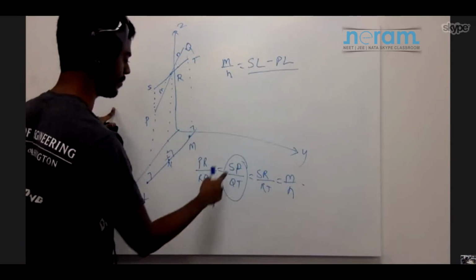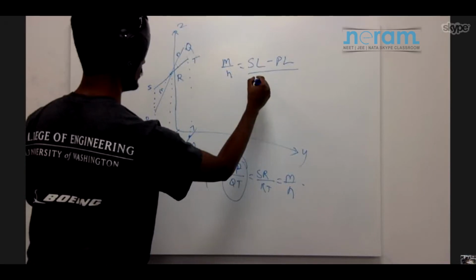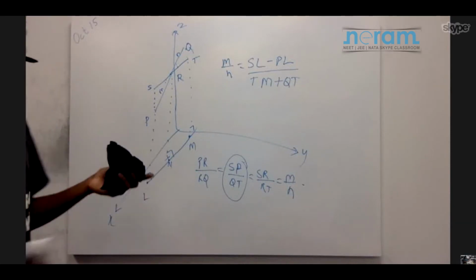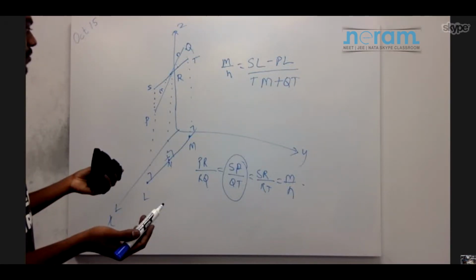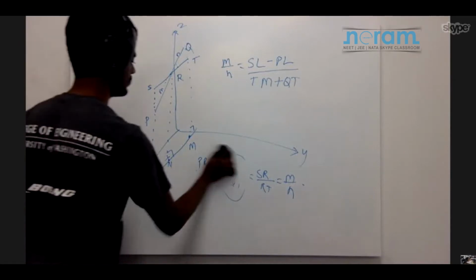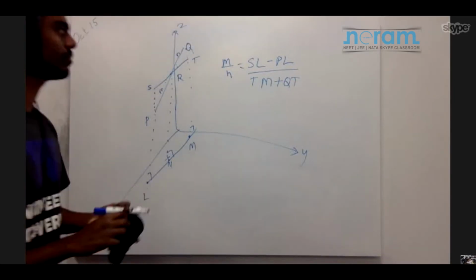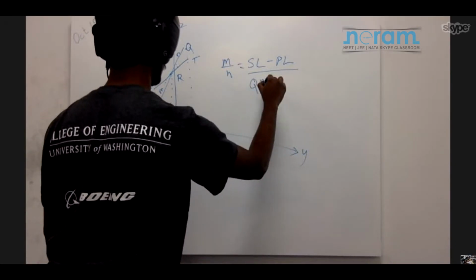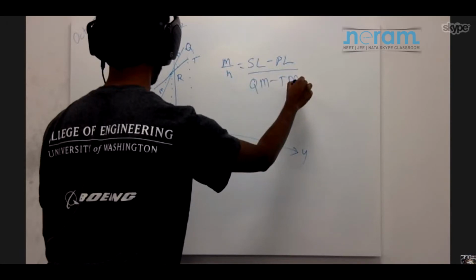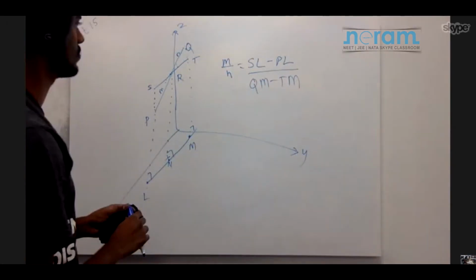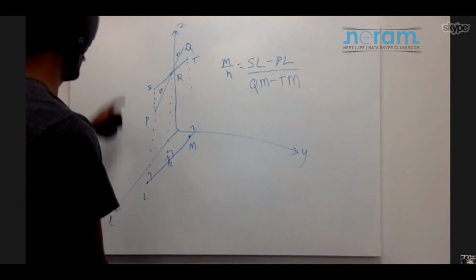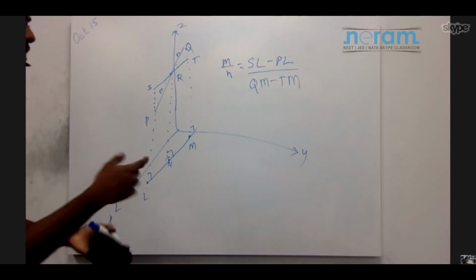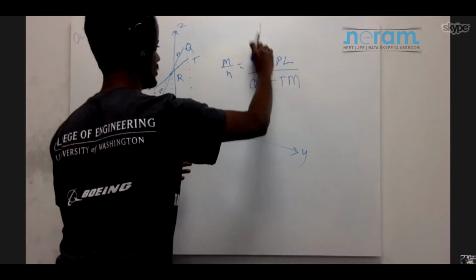After that, QT you can write as TM minus QT, right? Yes. Okay, after that, SL, RN, TM are all the same, right? So we can just replace this with RN then.